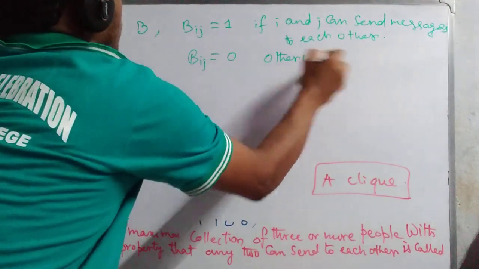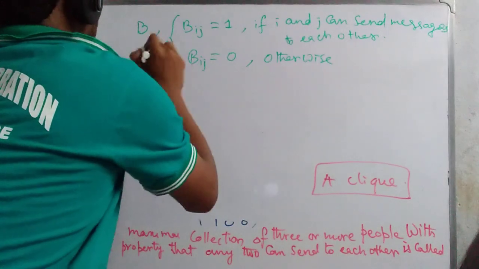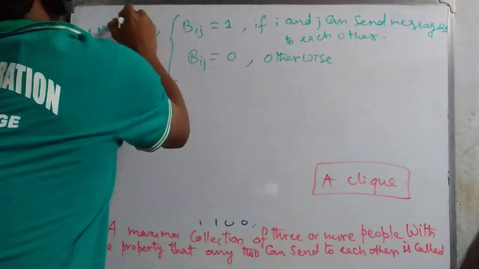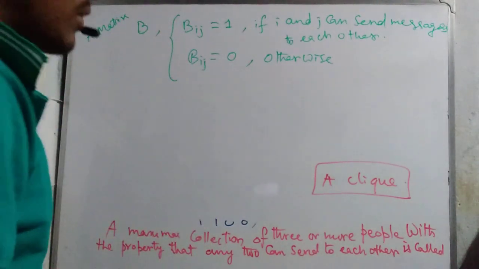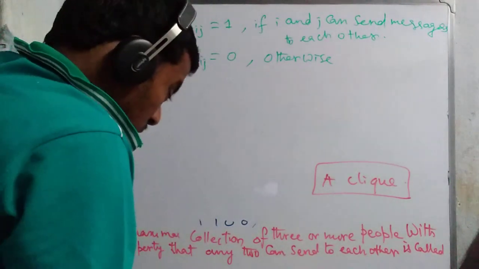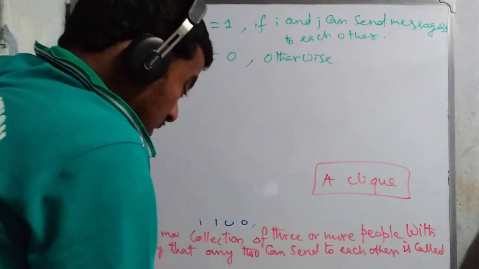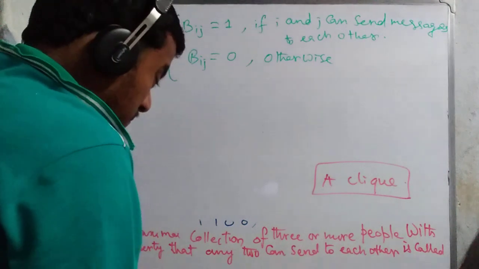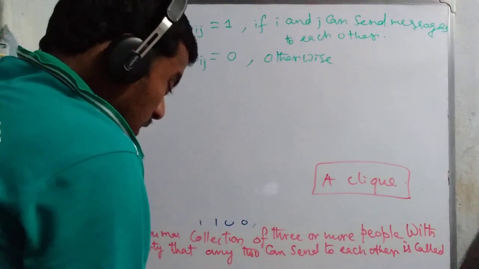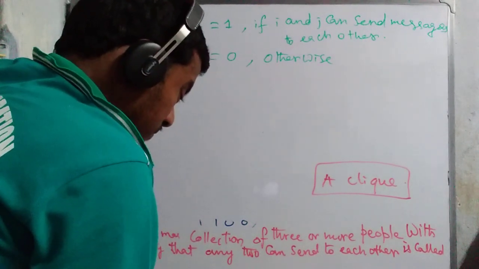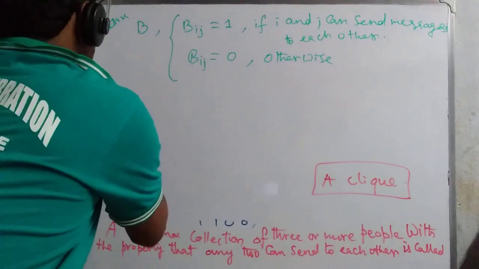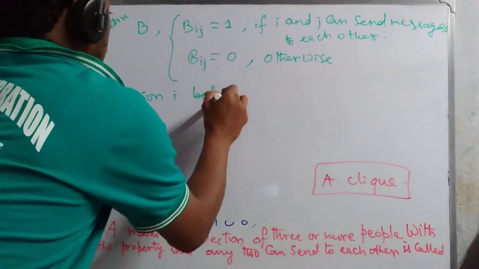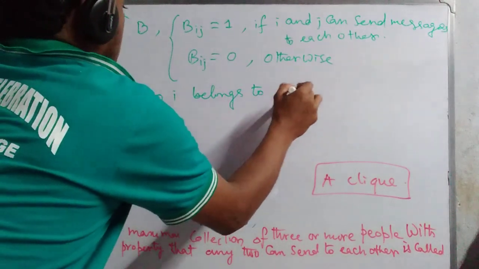Then what happens? The matrix B satisfies this property, and then we say that person i belongs to a clique.